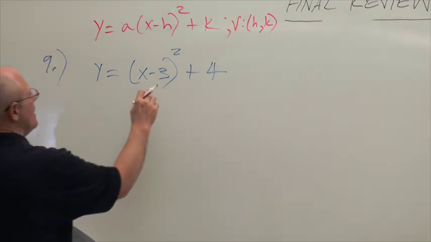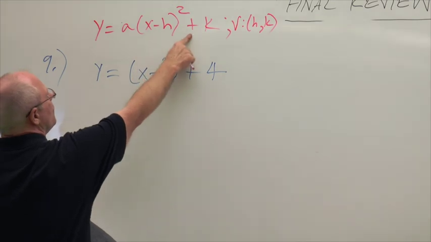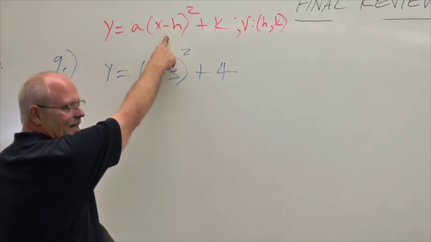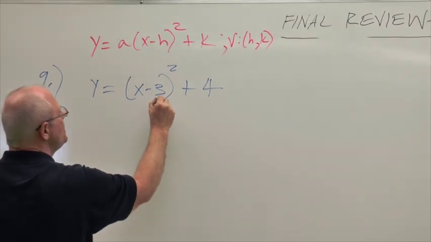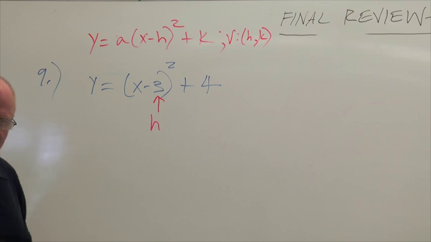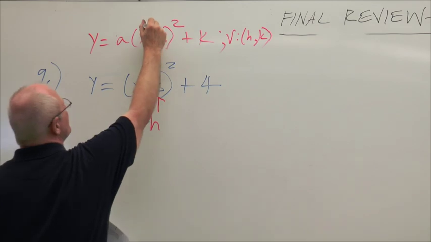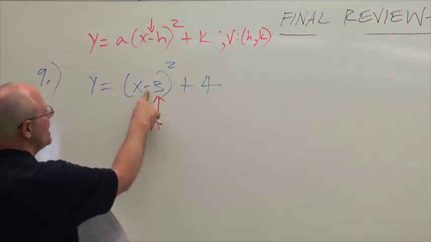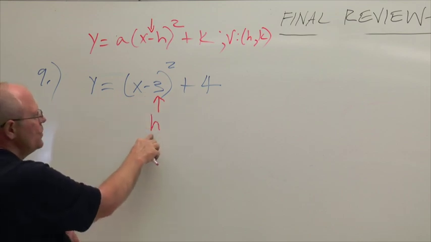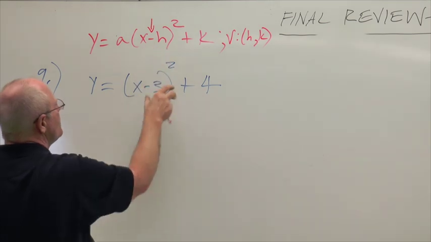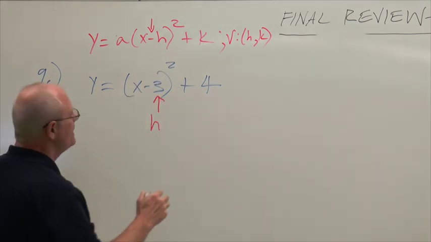Good. So now this is the general form, right? It has a minus sign there, so what is actually our h in this problem? 3. Not negative 3, 3. Because the original form had a negative sign here. If this would have been a plus 3, then h would have been negative 3, because then minus a negative 3 produces a positive 3.